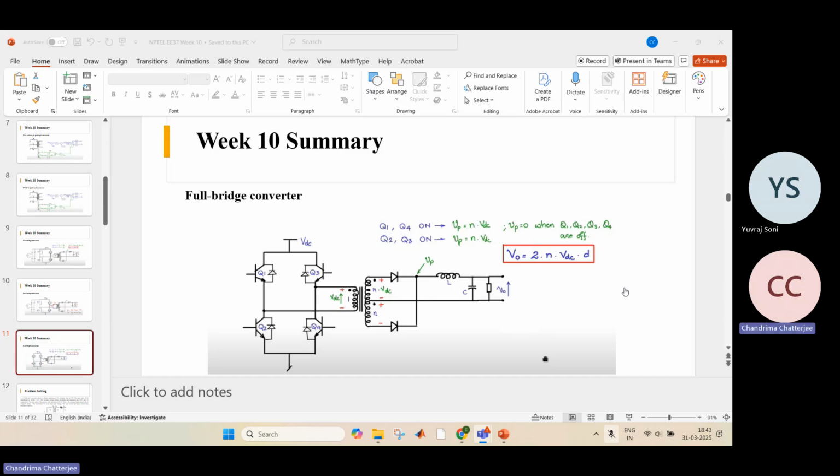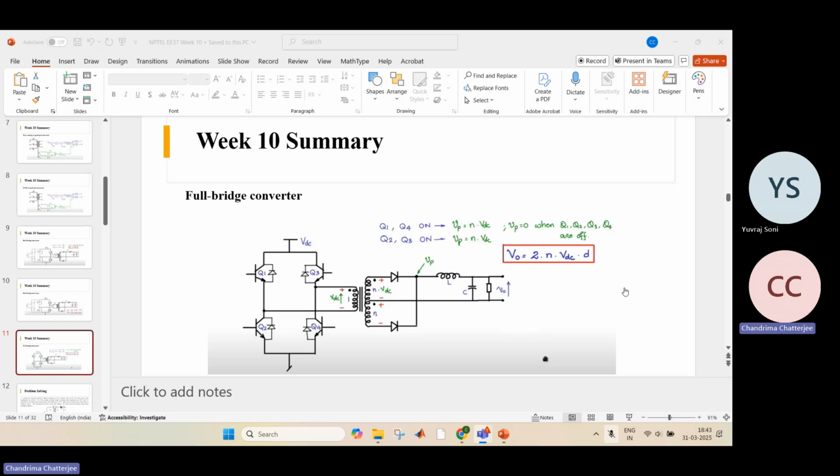The first problem says that a push-pull converter shown in the figure is supplying a 20 ampere constant load current at 12 volt. So the load current value and the load voltage value are given.